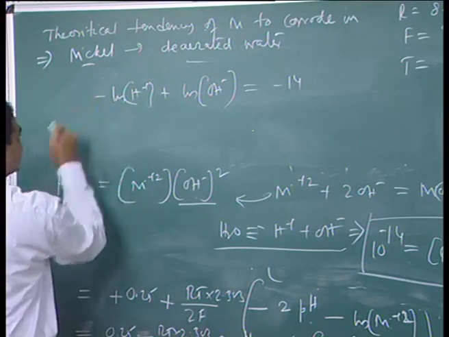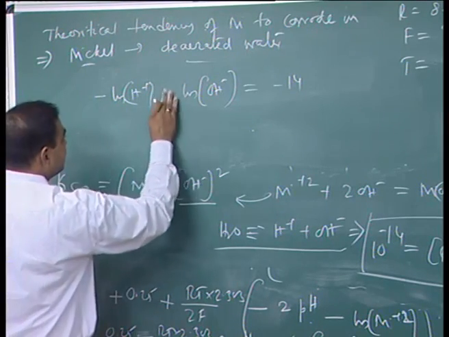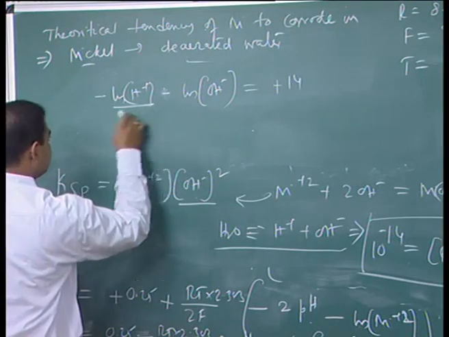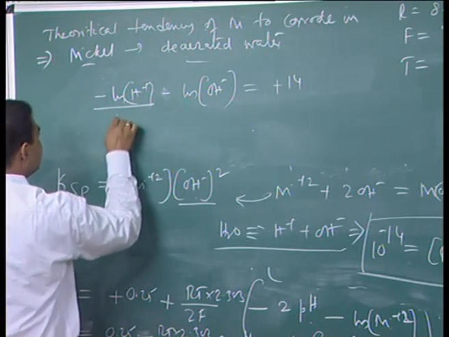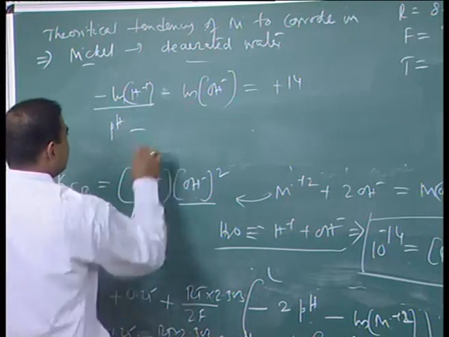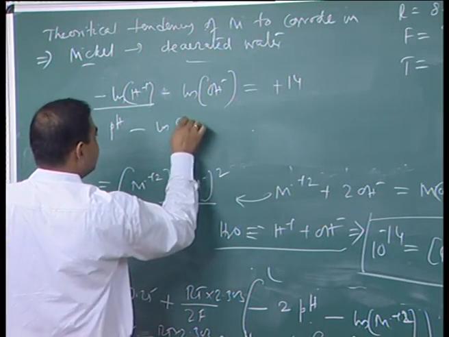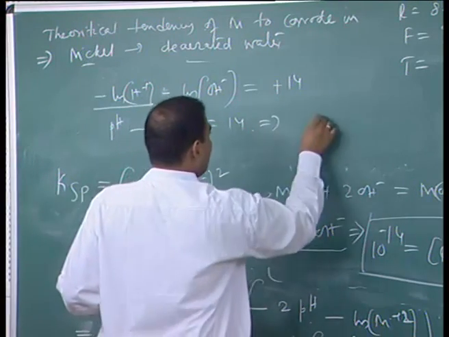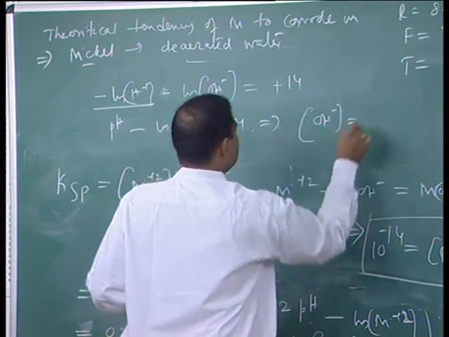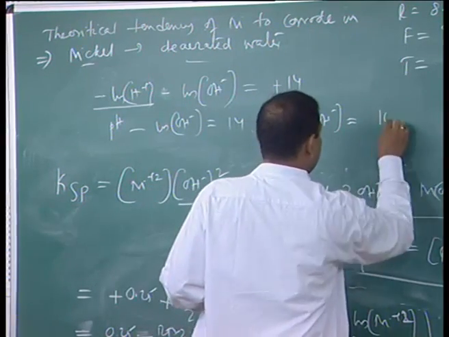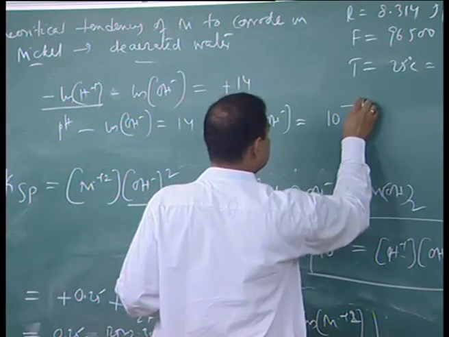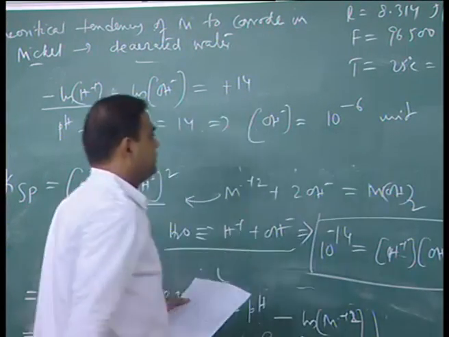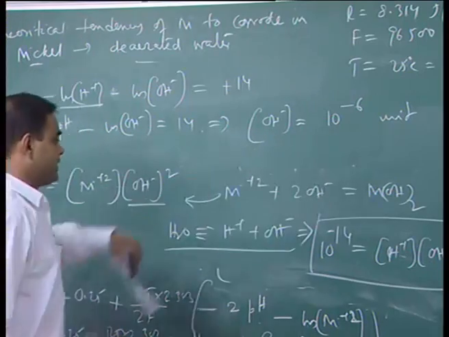Putting a minus sign here, this becomes plus, and minus log H plus is nothing but pH. So pH minus log of OH minus equals 14, so the OH minus concentration is 10 to the power minus 6.